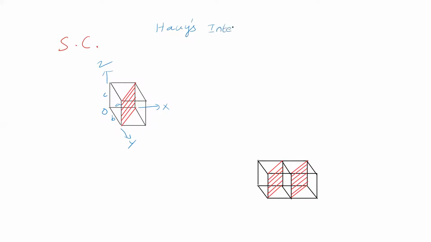As per Weiss intercepts, for this face the intercept in the x-axis is A, in the y-axis is B, and in the z-axis is infinity C. Why? Because this face is parallel to the z-axis. Therefore, the intercept in the z-axis is infinity C.